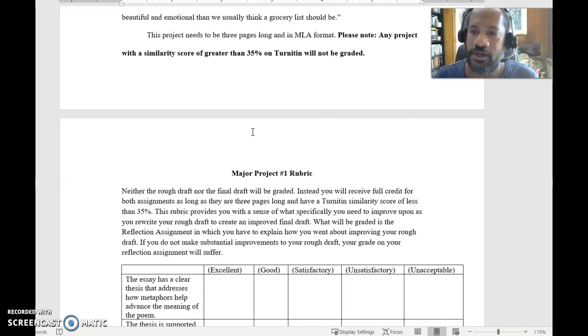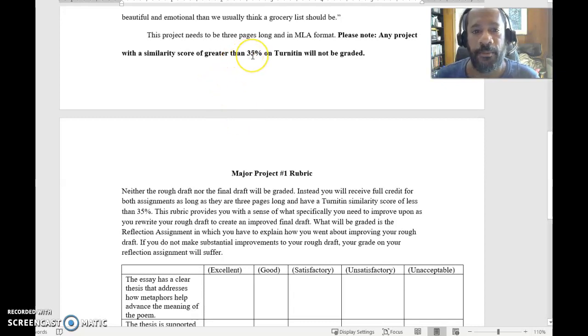Your number should not be 0 because you're going to be using quotes, and those quotes will show up. So you're going to have a certain amount of overlap between your work and somebody else's work.